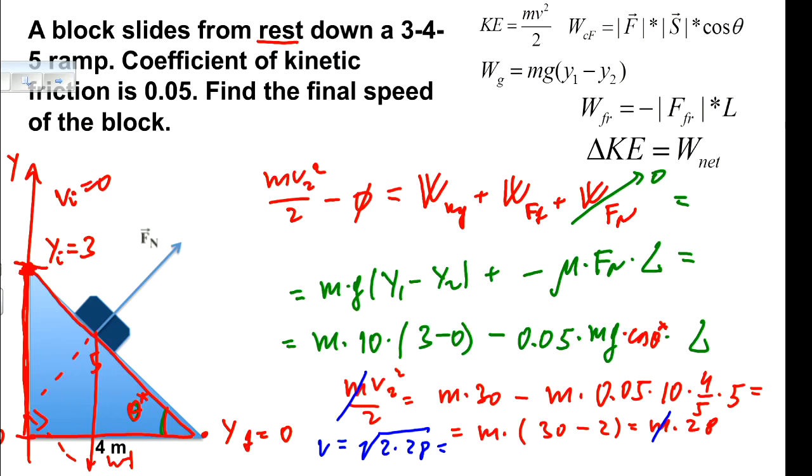Square root of 56. 7 times 7 is 49. So 7 times 7 point what? 7.48. 7.5. Okay. Any questions? So you see, it's all about believing.